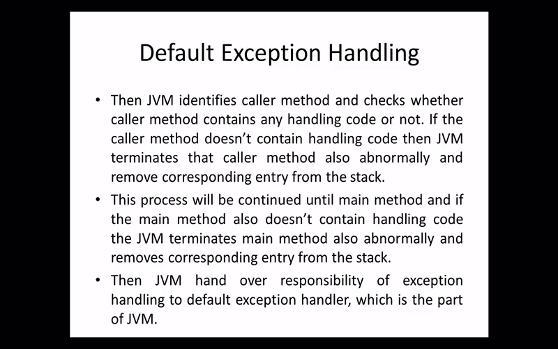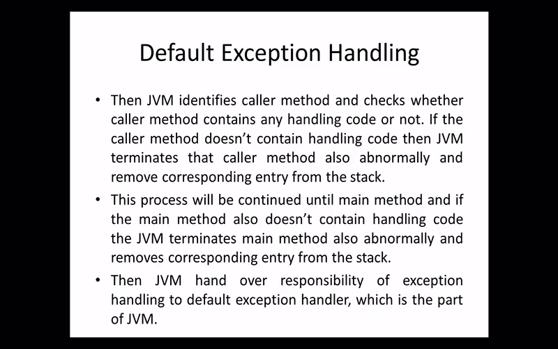Then JVM identifies the caller method and checks whether the caller method contains any handling code or not. If the caller method doesn't contain handling code, then JVM terminates that caller method also abnormally and removes the corresponding entry from the stack.